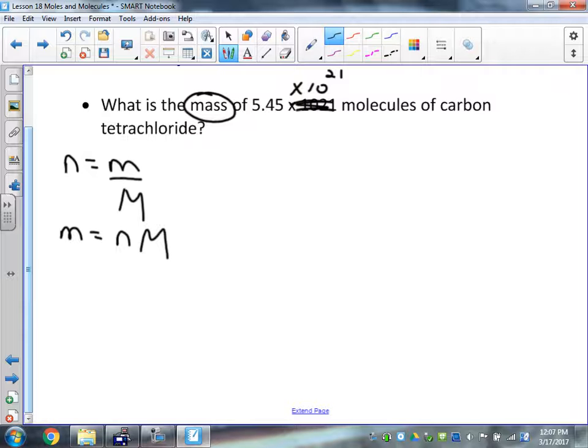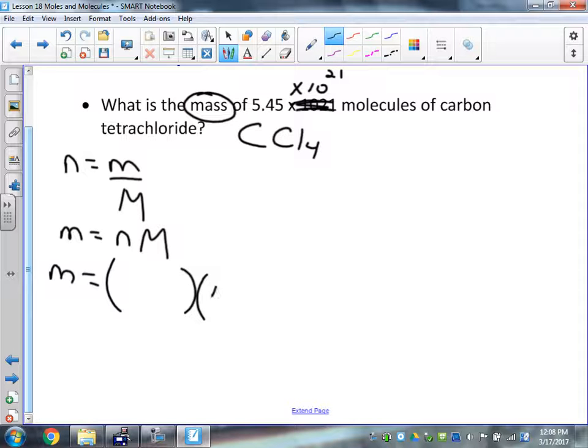I can actually probably do a little bit of this right now. I don't know n, but the molar mass of carbon tetrachloride, I can most certainly find from that. It's 4 chlorines and a carbon, and that's 153.81 apparently.